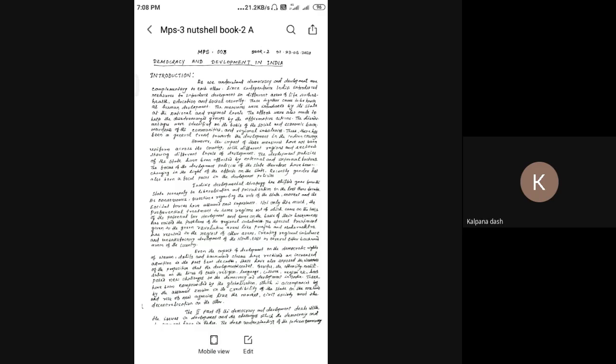As you understand, democracy and development are complementary to each other. Since independence, India introduced measures to bring development in different areas of life, such as health, education, and social security. These together came to be known as human development.